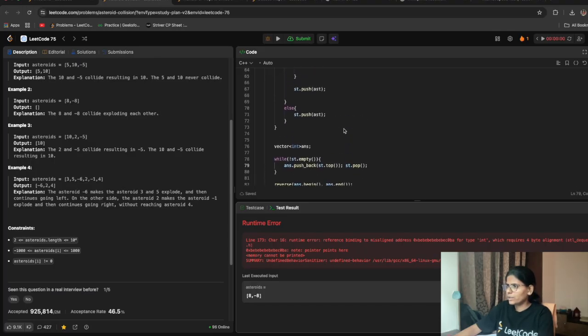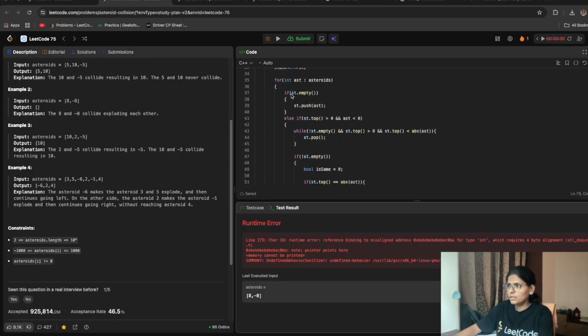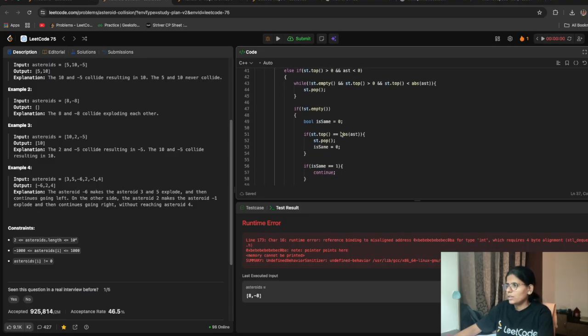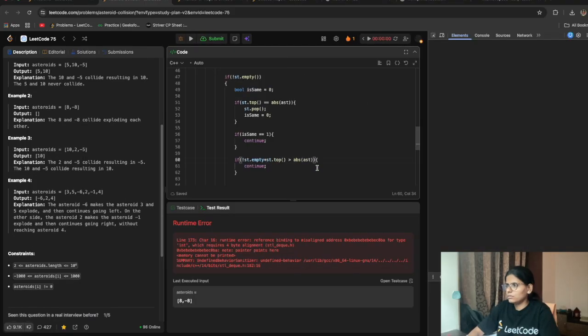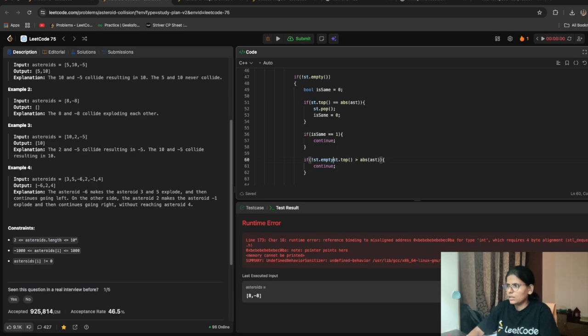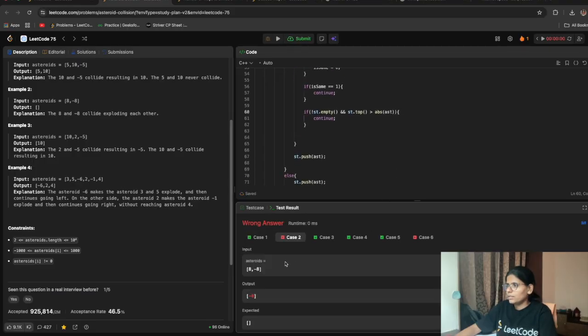Where can this happen? If st is empty, then we are pushing it inside. If st isn't empty, then we have to check, because it can happen that there is nothing in the stack and we are checking it. What other thing can happen?